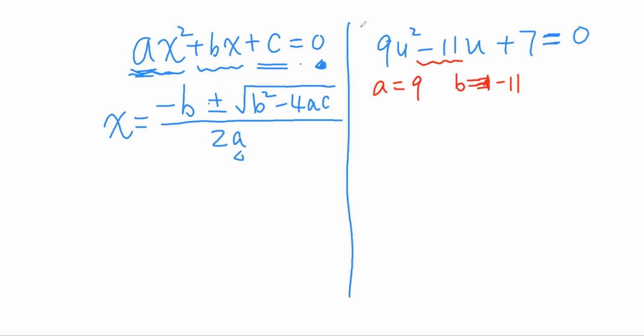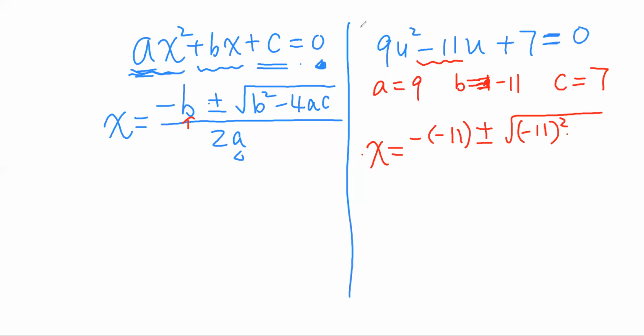So x equals minus b, which is negative 11, plus or minus the square root of negative 11 squared minus 4 times a, which is 9, times c, which is 7, over 2 times 9, right?